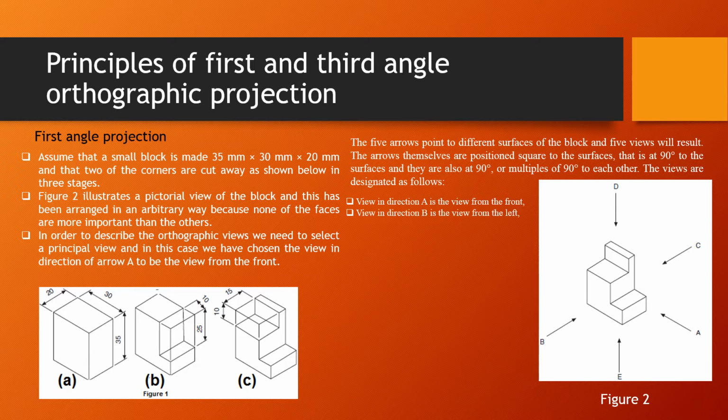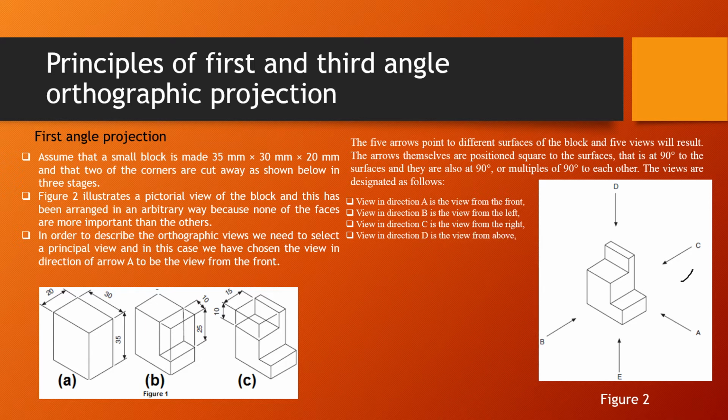The view in direction B is the view from the left, that is the left view. The view in direction C is the view from the right side.